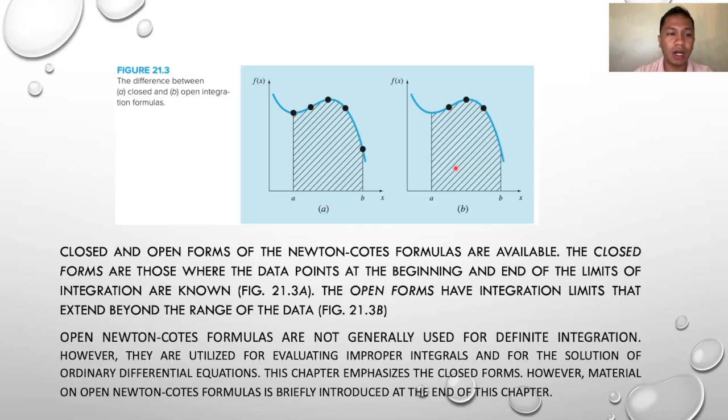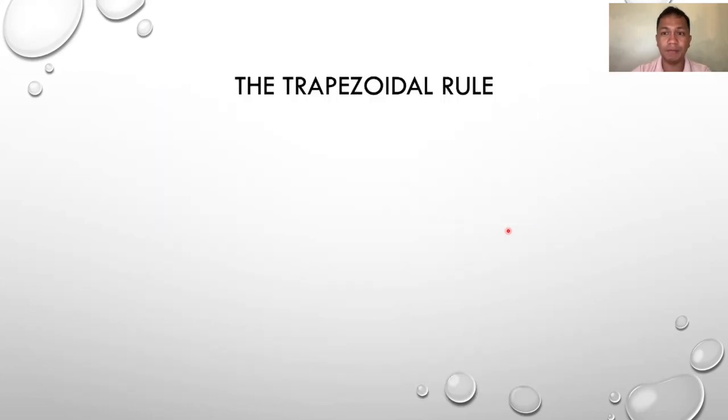These are what we call the closed and open integration formulas. Open Newton-Cotes formulas are not generally used for definite integration. However, they are utilized for evaluating improper integrals and for the solution of ordinary differential equations. This chapter emphasizes the closed forms. However, material on open Newton-Cotes formulas is briefly introduced at the end of this chapter.